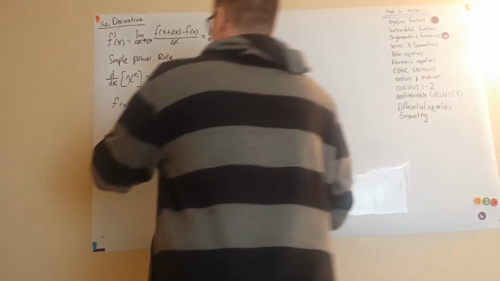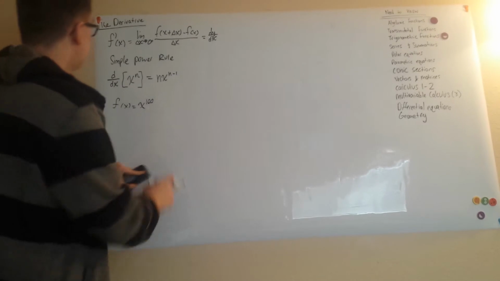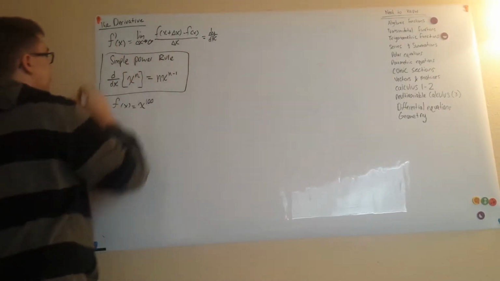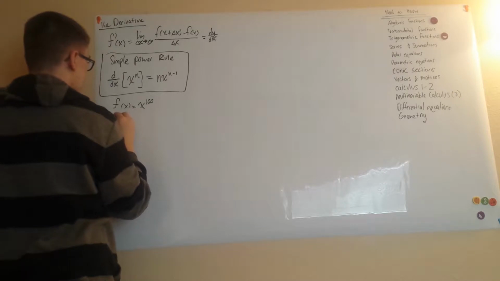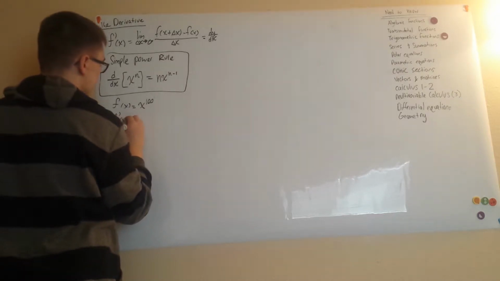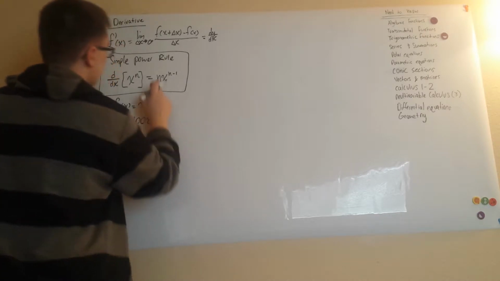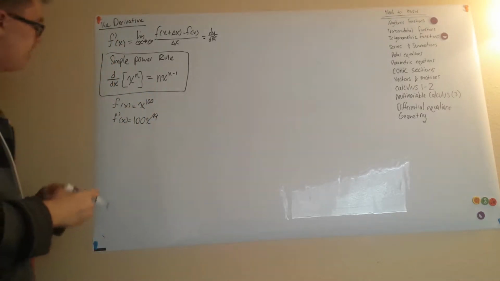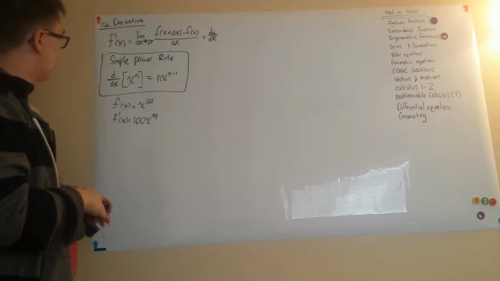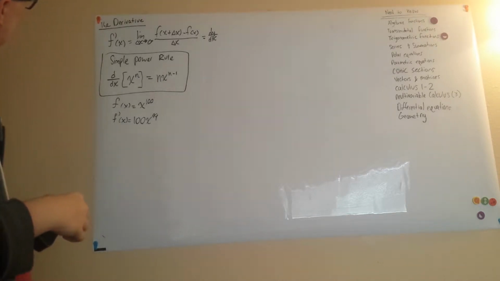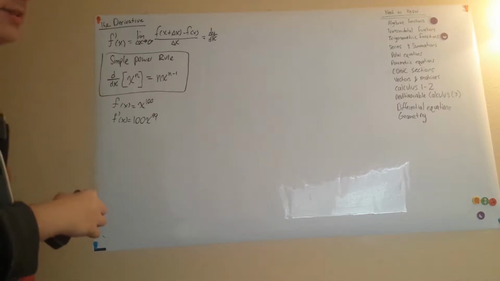Instead of doing that, you could just use the simple power rule and say, wait, f prime of x would just be 100x to the 99th. Easy peasy. Nice.